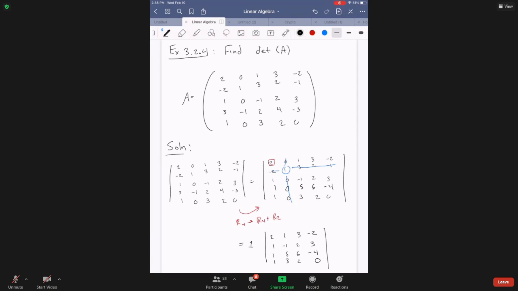Okay, so let's see. Maybe I should just RREF it at this point. Why not? Well, that's why, because then I'm just gonna get a bunch of fractions, and I don't want to deal with all that stuff.